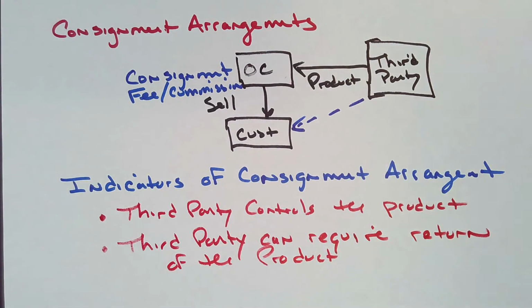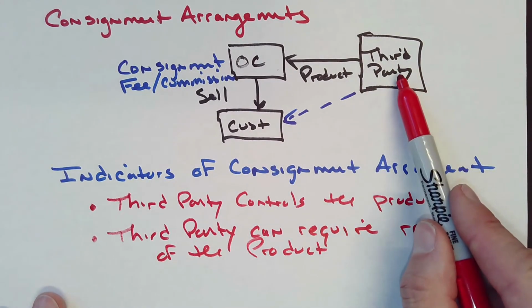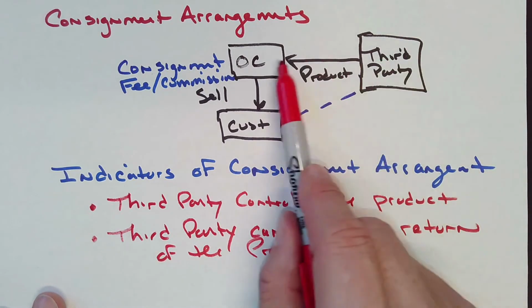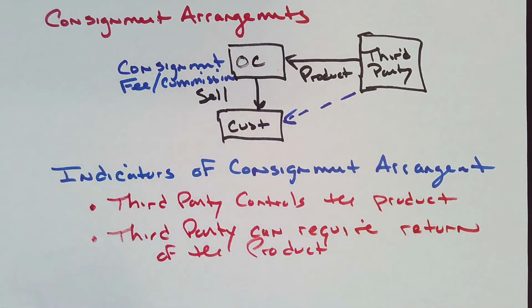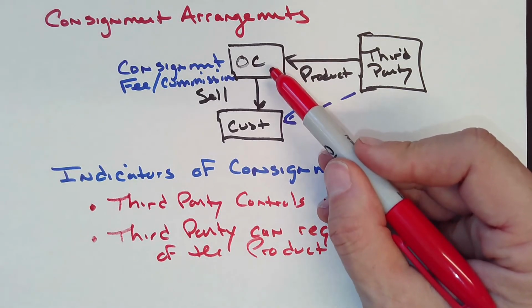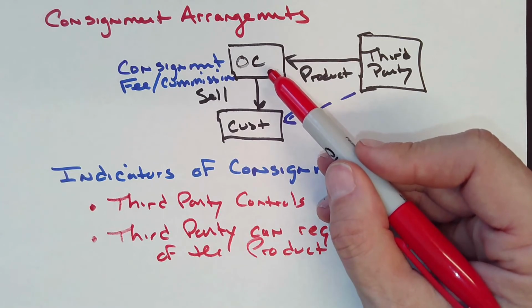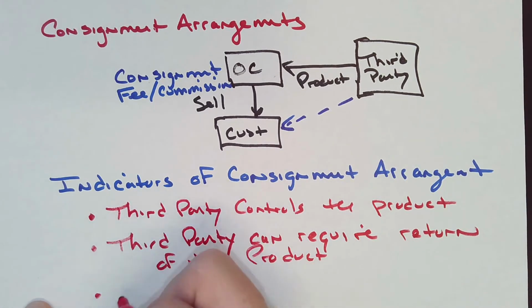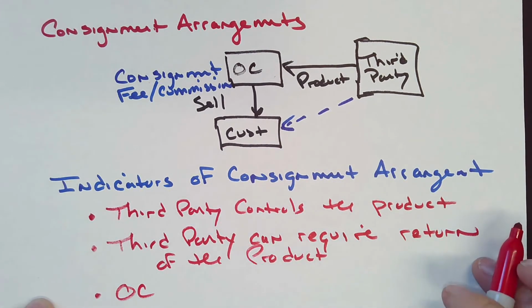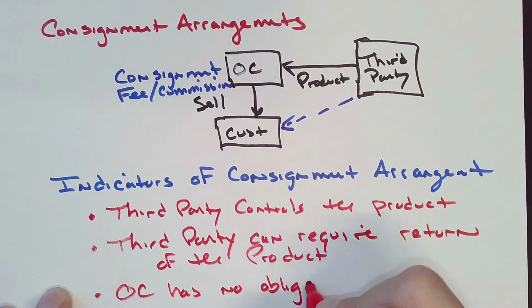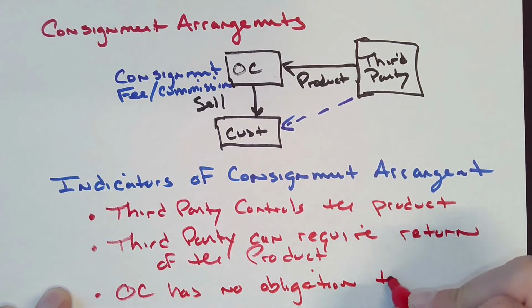We're here just to facilitate a sale for you to this customer. We don't control the product. This third party can take it back from our company. We're just consigning. And we as the dealer, our company, the OC in this case, have no obligation to pay for the product.